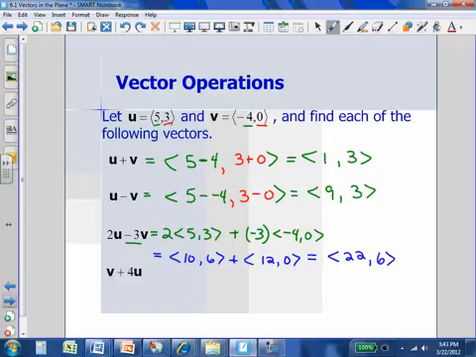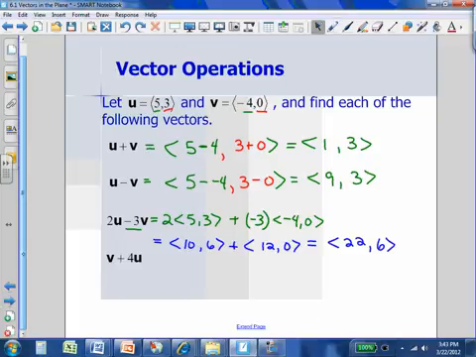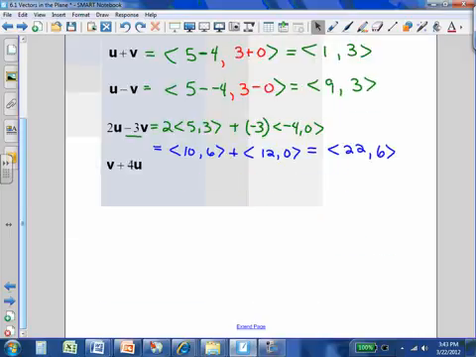Now v plus 4u, very similar. So for v plus 4u, I'm going to have (-4, 0) plus 4 times the vector u, which is (5, 3). I'll go underneath so I have more room.